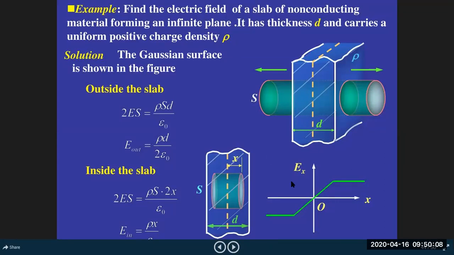This is a very important case. Now if you plot the graph between distance and electric field, you see that at the center of the thickness of the slab, the electric field is 0.